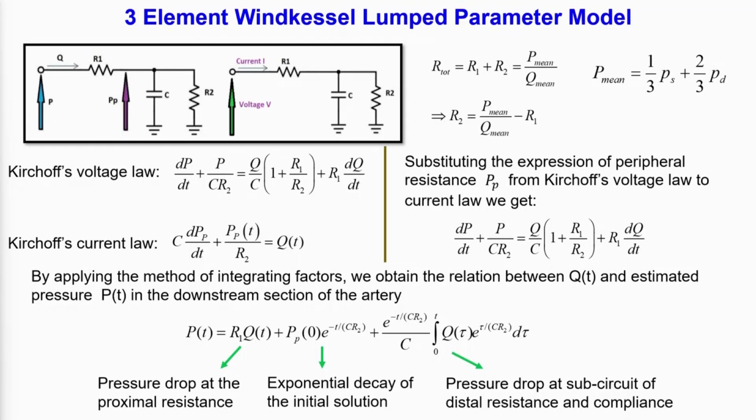So, you have the total voltage as, if you see, whatever voltage is there from the left side, and in the right hand side, Q by C into 1 plus R1 by R2 represents the voltage across the capacitor, and R1 into dq dt is the voltage drop due to the current in R1, because current is dq dt.